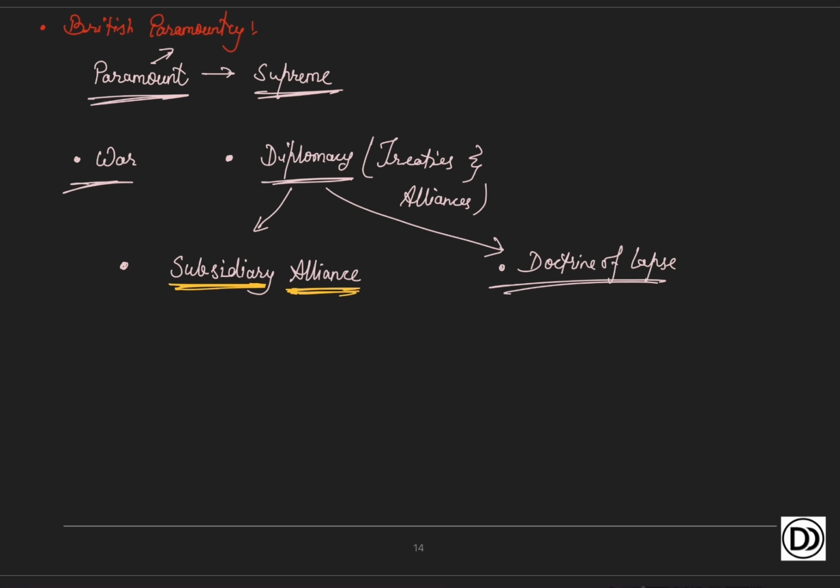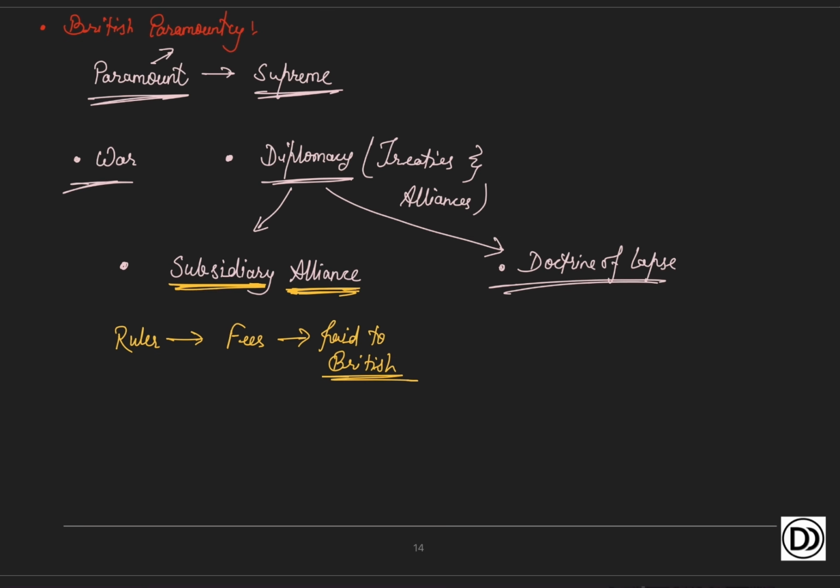Now, as we have seen, the force which has been stationed has to be maintained by the ruler. Now, in return for this protection, the ruler also had to pay fees, paid to the British, because they are the ones protecting the ruler.